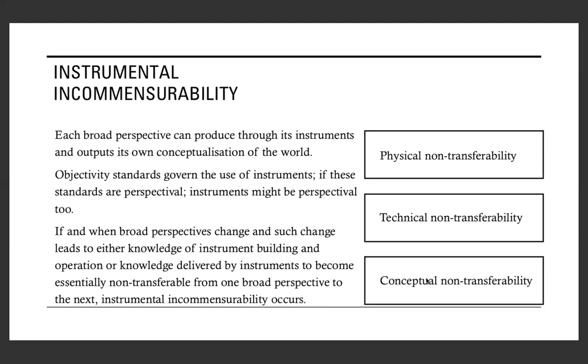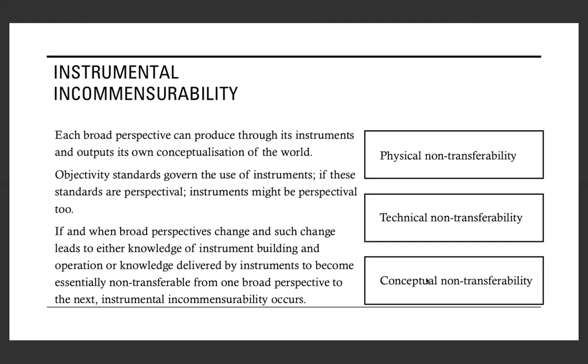So the claim is that if and when broad perspectives change, and such change leads to either knowledge of instrument building and operation, or knowledge delivered by instruments to become essentially non-transferable from one perspective to the next, instrumental incommensurability would occur. And there are, in principle, at least 3 different ways in which instrumental incommensurability can occur.